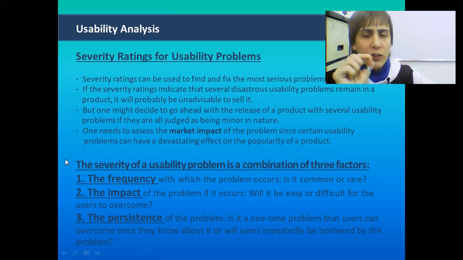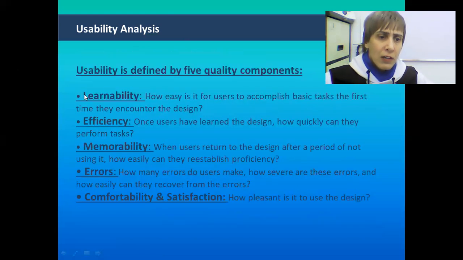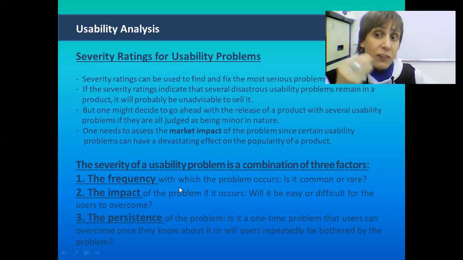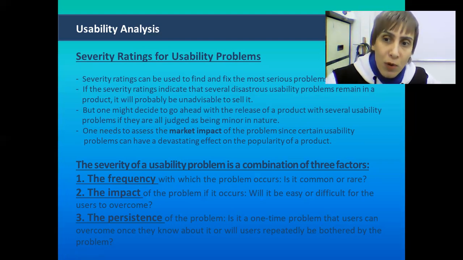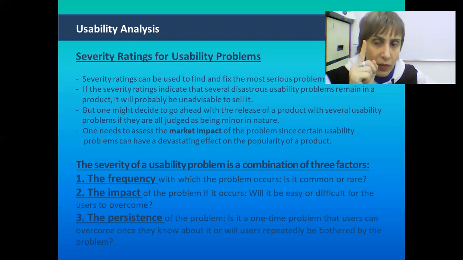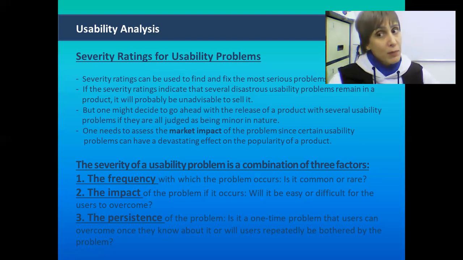So when you decide that there is a problem at this point or this point or this point, and you say it's a severe problem, a big problem, or a minor problem, you need to decide. How do you decide that? Is this a small problem or a big problem?